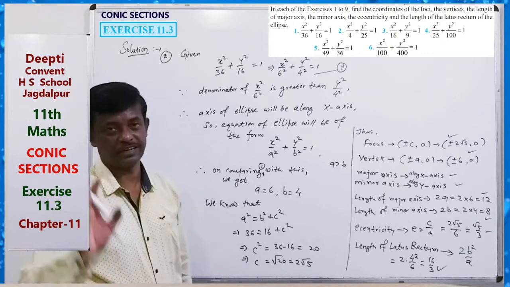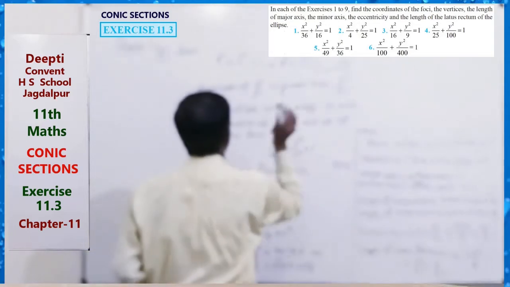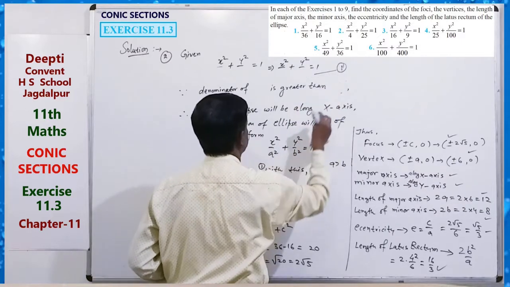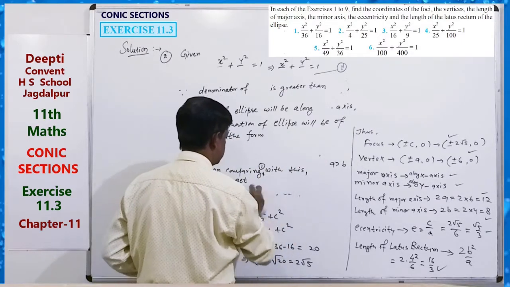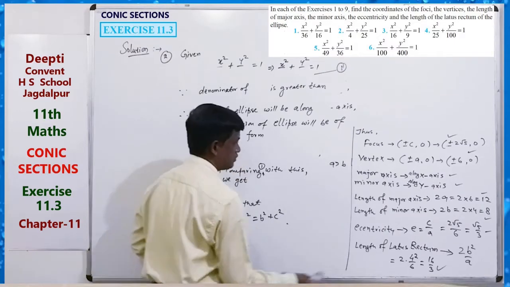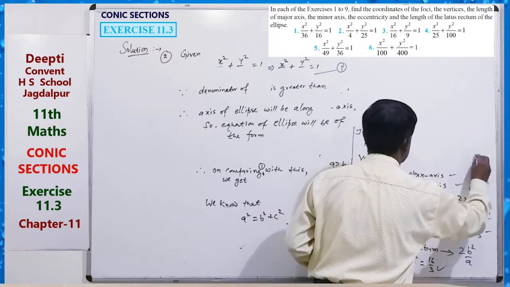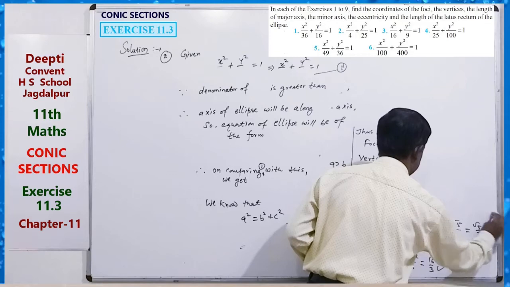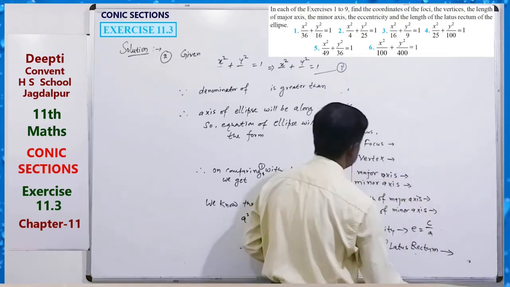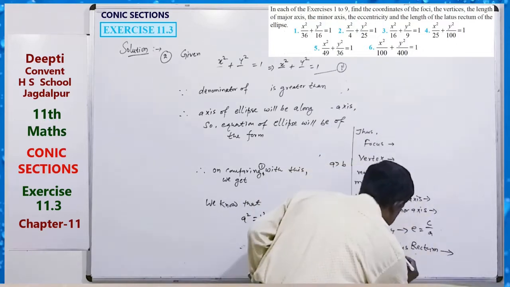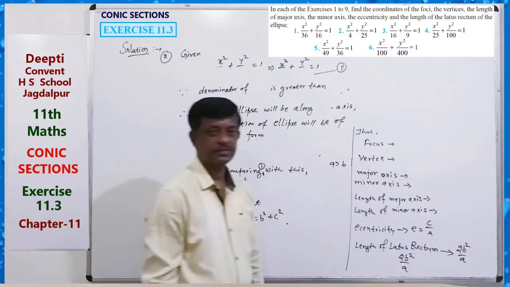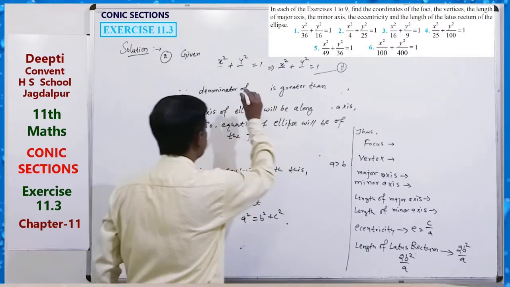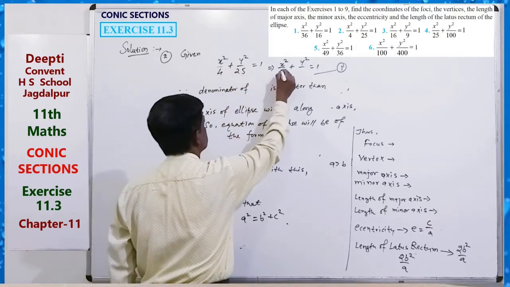Okay, so next question is just like the second question. Take question second. Here x square by 4, y square by 25. That is 2 square, 5 square.